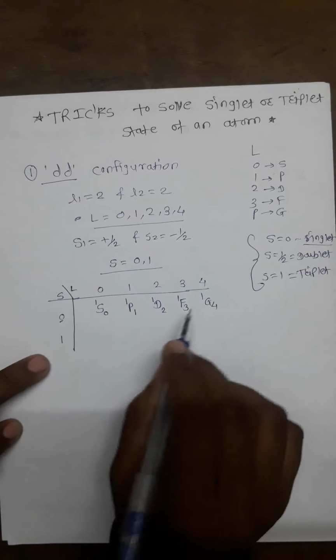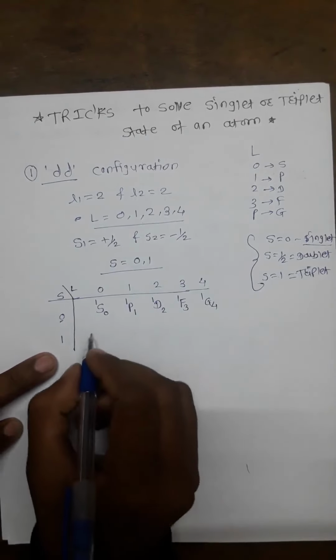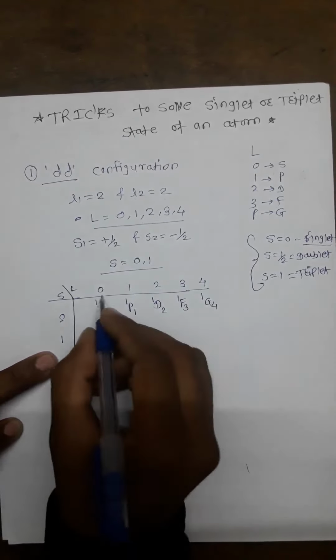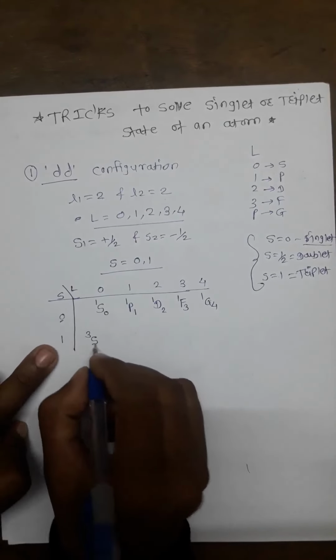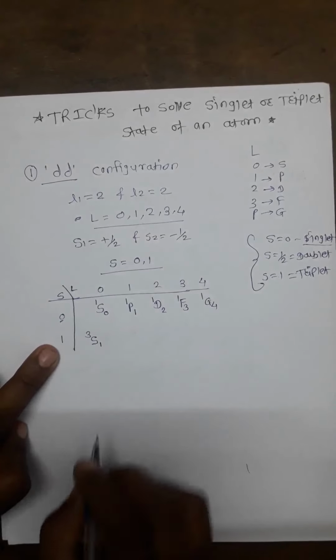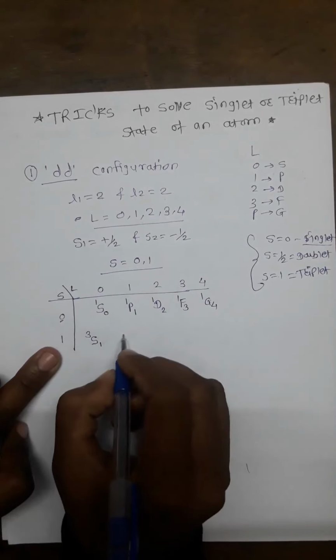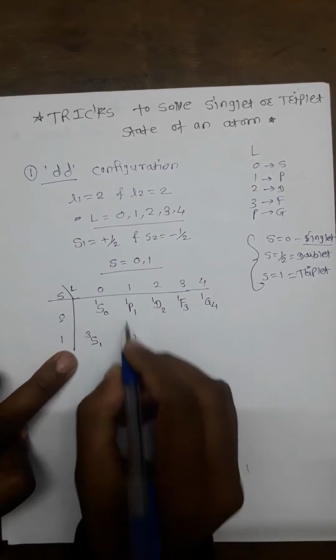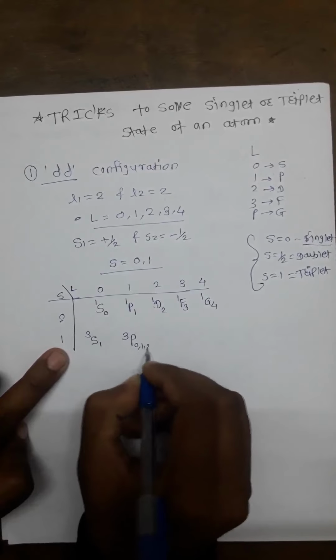Now you have to calculate the triplet states. S is equal to 1 will be the triplet state, therefore the multiplicity is 3, and L is equal to 0 gives 3S, with J equal to 1 plus 0, which is 1. The first triplet state is 3S1. The second is 3P with J equal to 1 plus 1 or 1 minus 1, so 0, 1 and 2.